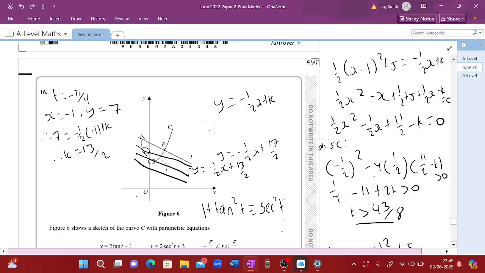And then anything above that will be only one solution, which is obviously like P. So this is your lower bound, because this corresponds to this point here, where any value of k above that will have two distinct solutions to the curve. And then when it goes above this intersection with the furthest point on the curve, it only becomes one solution.